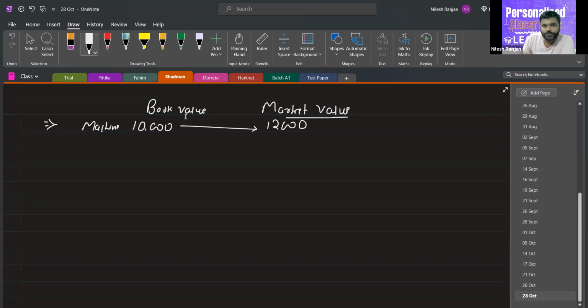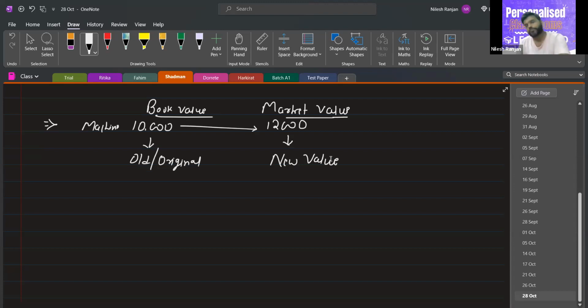So the old value is the original value, and this one is the new value.